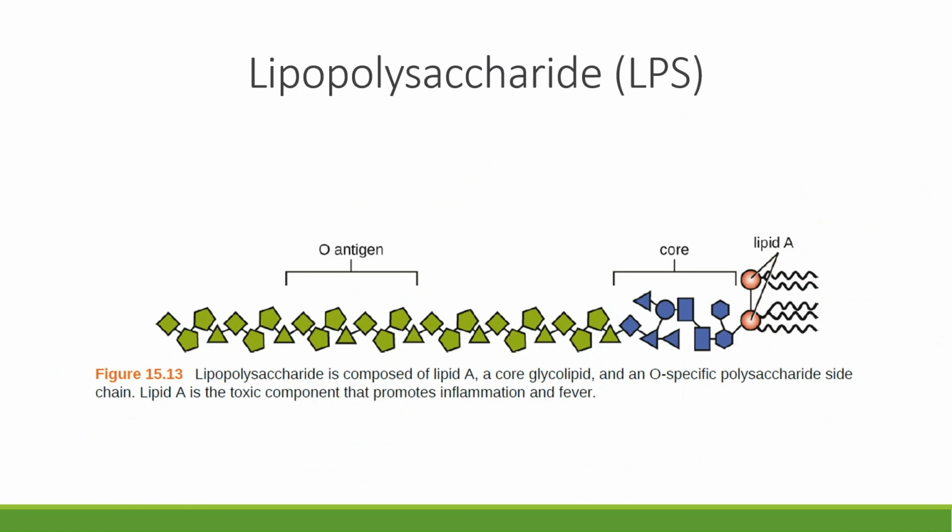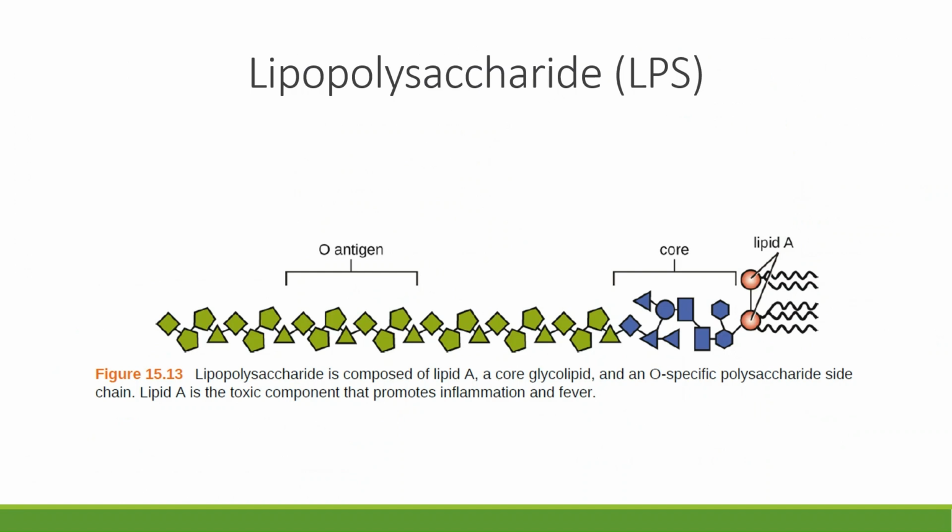LPS, or lipopolysaccharide, helps with stabilizing the cell's outer membrane. And by the sound of the name, you should be able to deduce that it's made up of lipids and sugars, lipopolysaccharide. So there are three main components here.